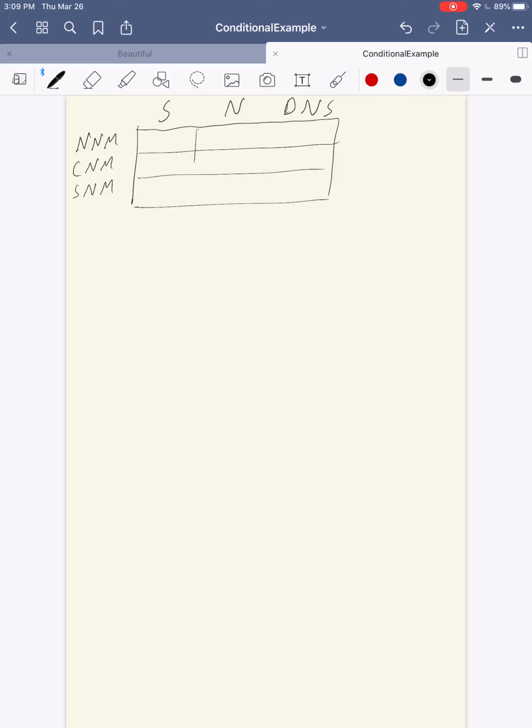All right, so let's go ahead and do that. We'll rewrite our data here. So we've got northern New Mexico, central New Mexico, and southern New Mexico. And then remember we had support, neutral, and do not support. And we had this data in there.